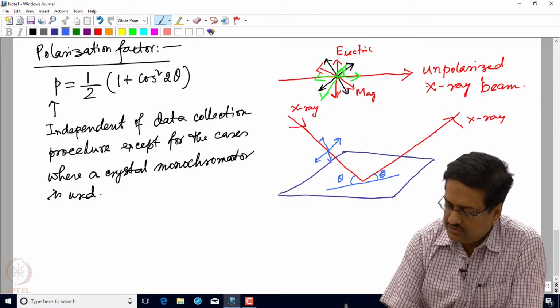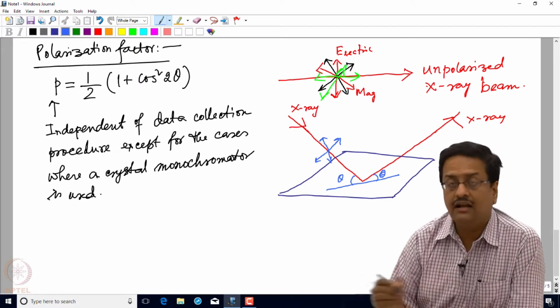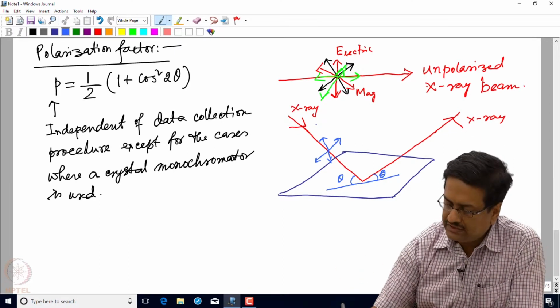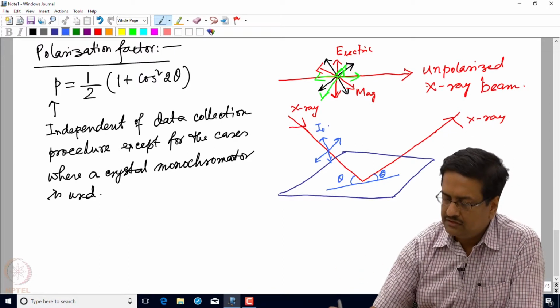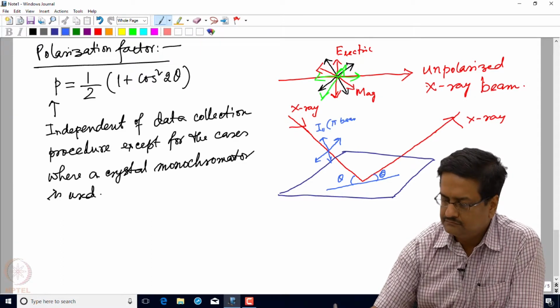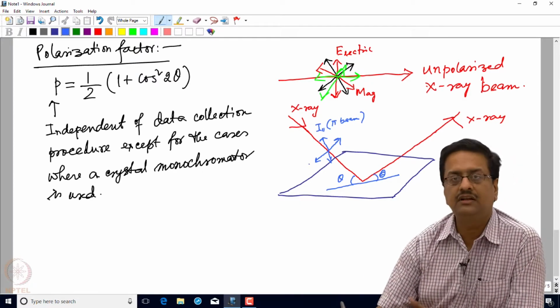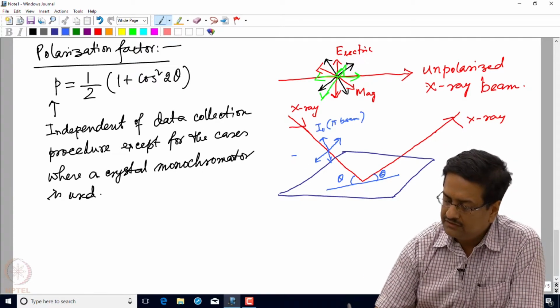two ways. One beam which is parallel to the plane of diffraction is written as I parallel or identified as a pi beam, and the second beam, the one which is perpendicular to I parallel, is written as I perpendicular or the sigma beam.